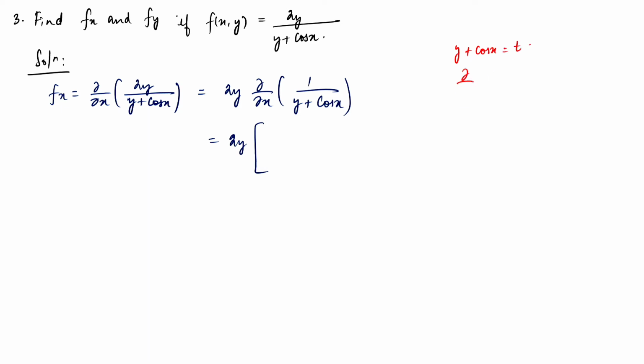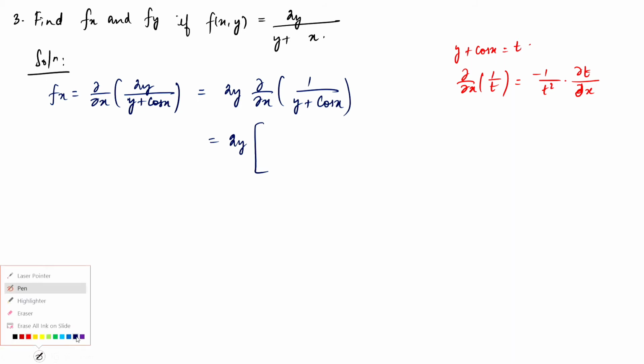Now I am differentiating del upon del x of 1 upon t. So it is minus 1 upon t square and then the derivative of t with respect to x. Am I right? Yes, sir. So this is what we are going to have.